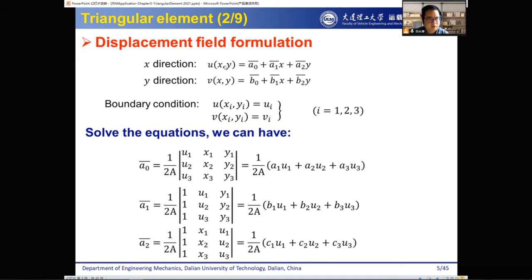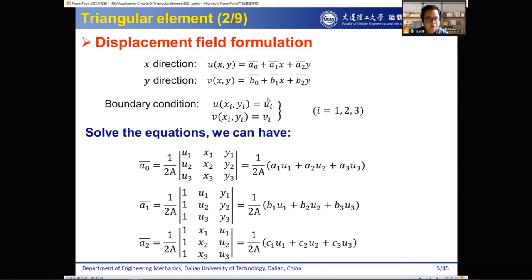If the displacement field is solved, then we can use the geometric equation, sometimes we call it the strain-displacement relationship, to solve the strain in the system, or we should say in the FE course, the deformable body. And then we can use the constitutive relationship to solve the stress field. So the key step is to solve the displacement field.